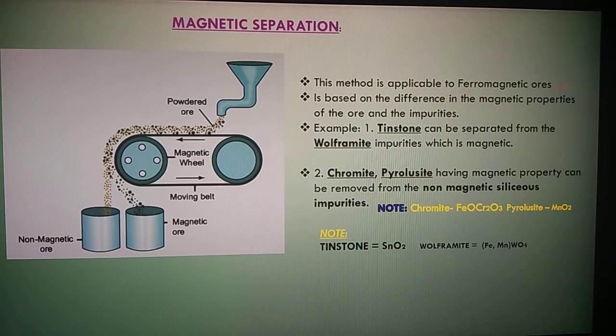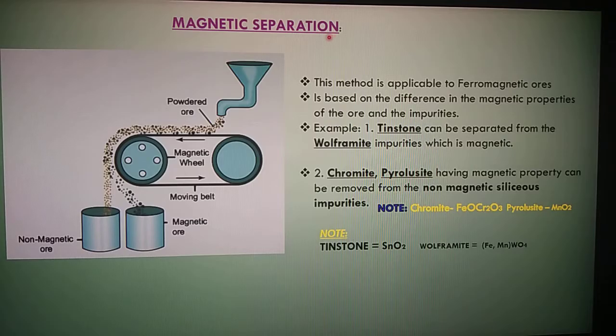ferromagnetic ores. Which one is called ferromagnetic ores? Ferromagnet. The typical example of a ferromagnetic metal is iron. If we have Fe as one of the main components or unwanted components in an ore, then we use the magnetic separation process.